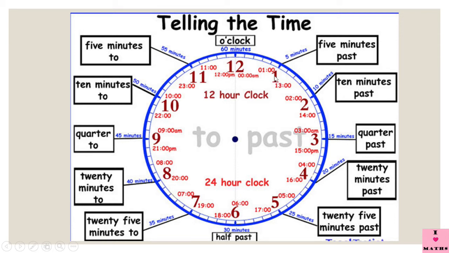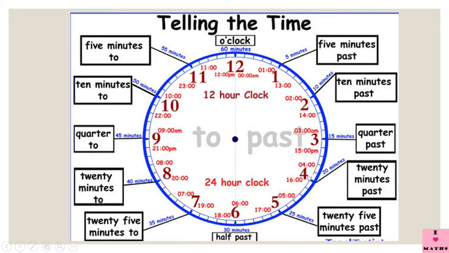Now 1 a.m., it means 1 o'clock in the night, is written as 0100 hours in 24-hour clock. 2 a.m., it means 2 o'clock at night, is written as 0200 hours in 24-hour clock. 3 a.m., it means 3 o'clock at night, is written as 0300 hours in 24-hour clock.